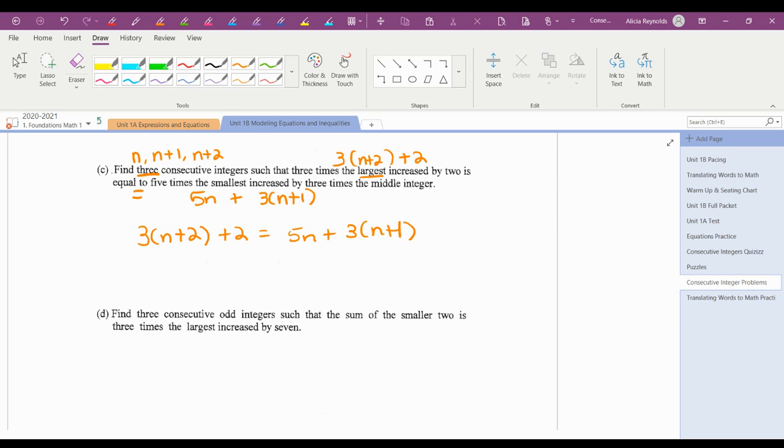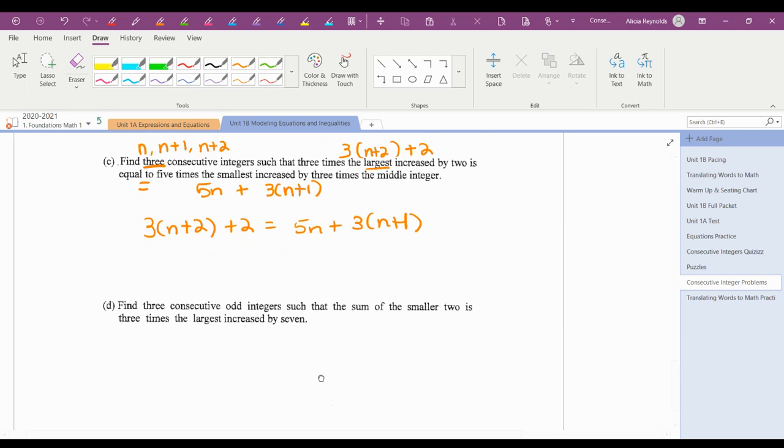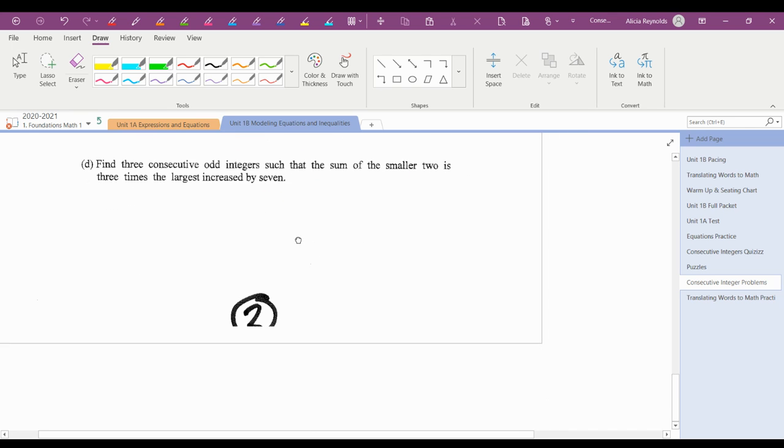And last but not least, letter D, find 3 consecutive odd integers such that the sum of the smaller two is 3 times the largest increased by 7. So here, first thing we need to notice is I'm dealing with odd integers, and there's 3 of them.